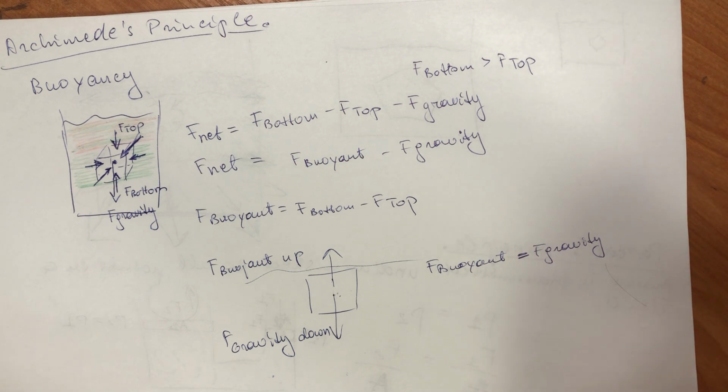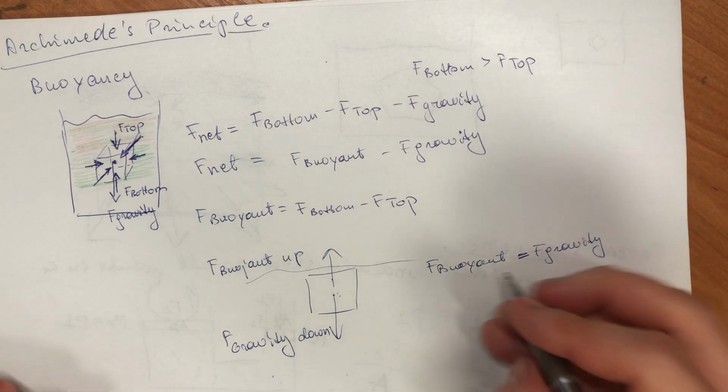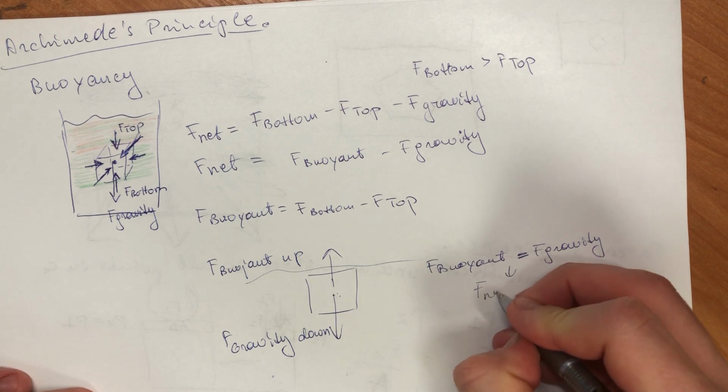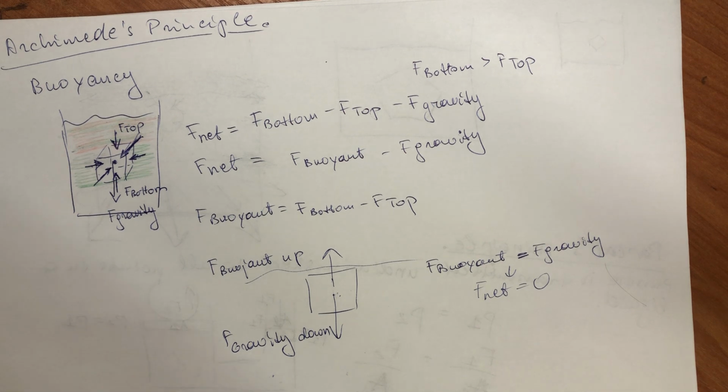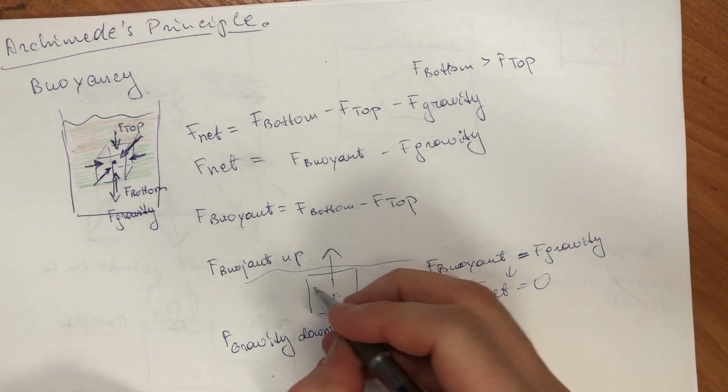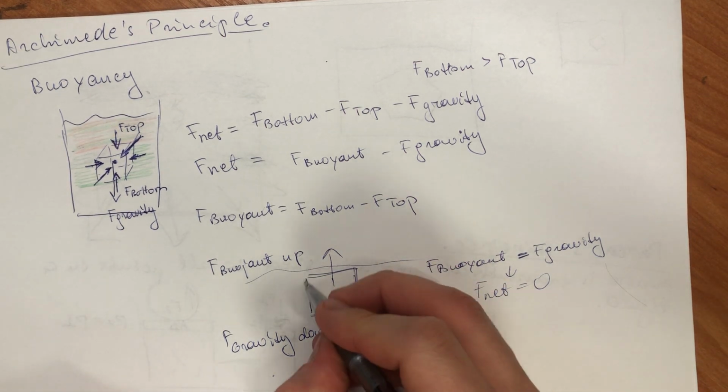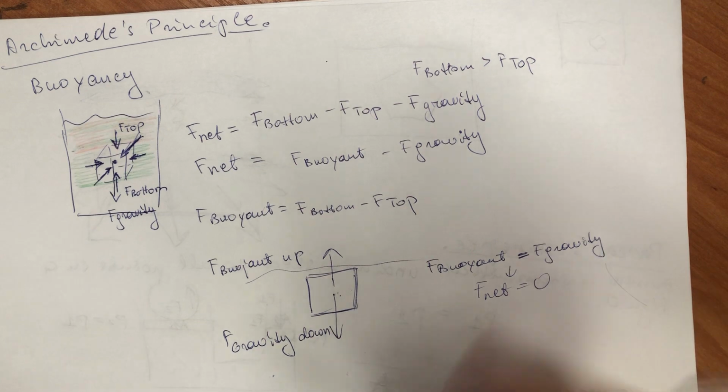The net force is 0, so the object can be at rest or move with a constant speed in a straight line. Therefore, in the water, this object can float at any position, at any depth.